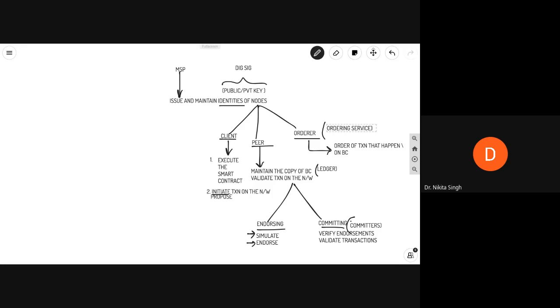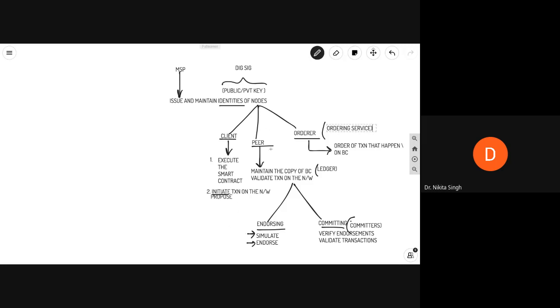So these are the different roles of nodes within Hyperledger Fabric. First we have the client. The client will execute the smart contract. It will also propose transactions on the network.